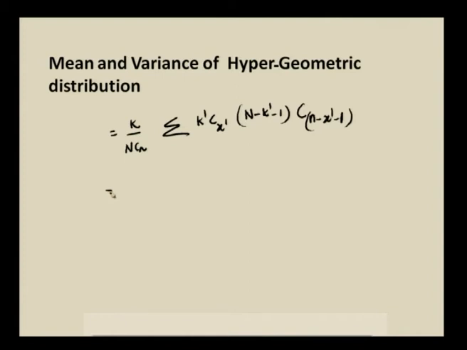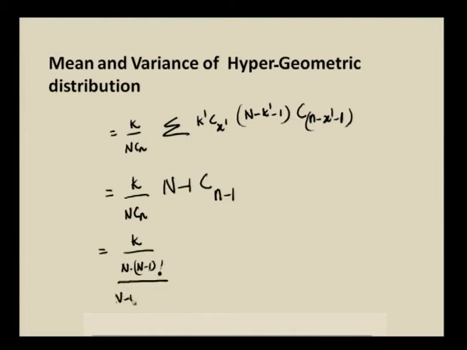Okay. And this becomes, when you expand the whole expression and apply the property of combinations, (N minus 1) C (n minus 1). Okay. So, I will write NCn as N factorial, written like that, (N minus n) factorial into n factorial.